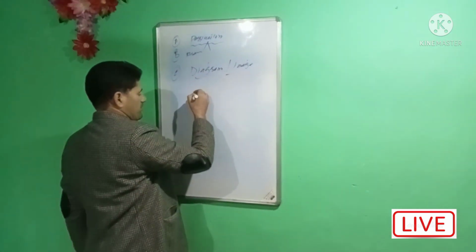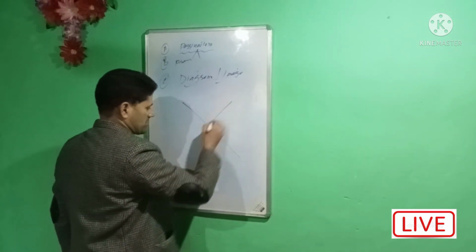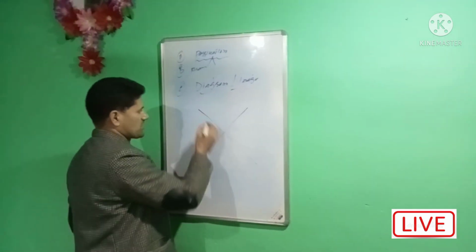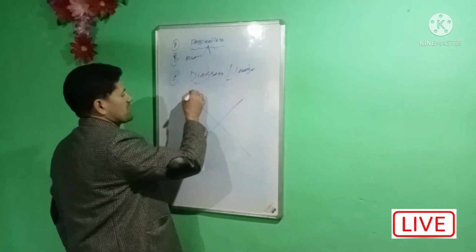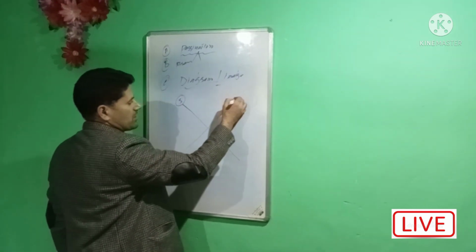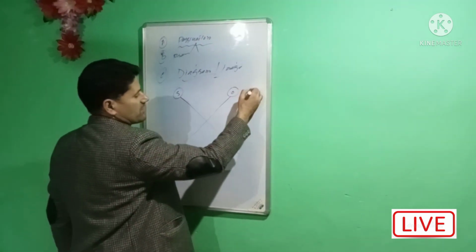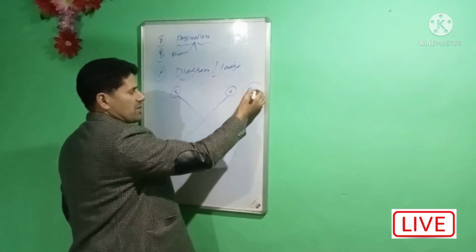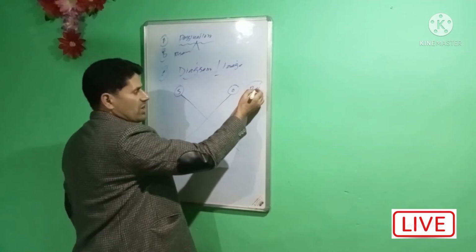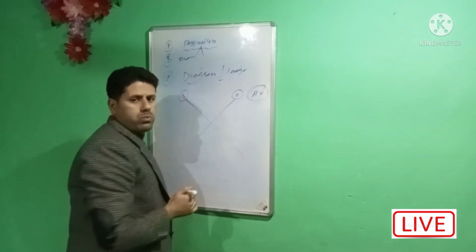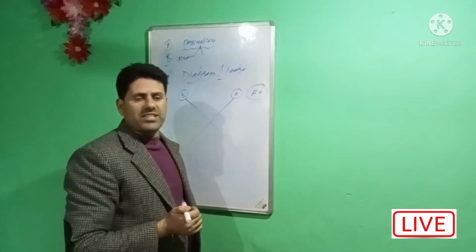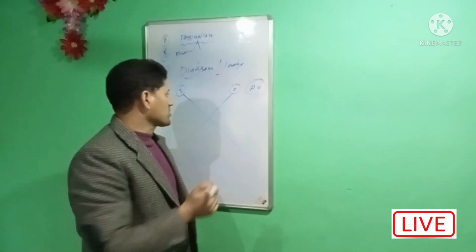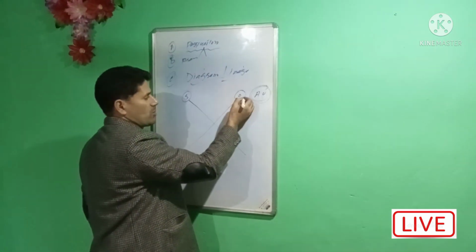Now students, I will make a cross here. I will write here S stands for subject, O stands for object. This is AV, active voice. When we find any sentence in active voice, there must be a subject as well as an object.